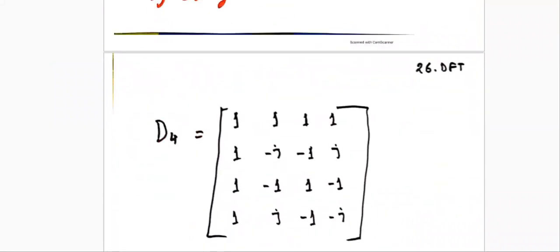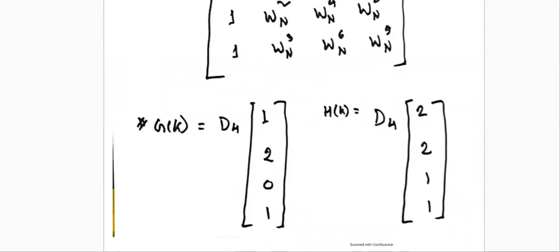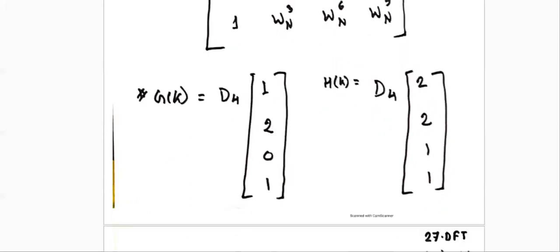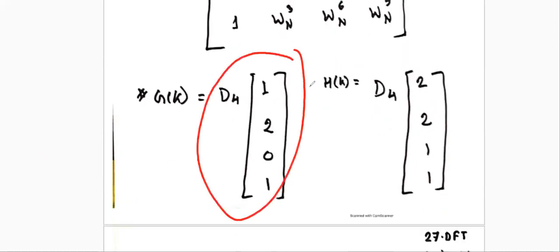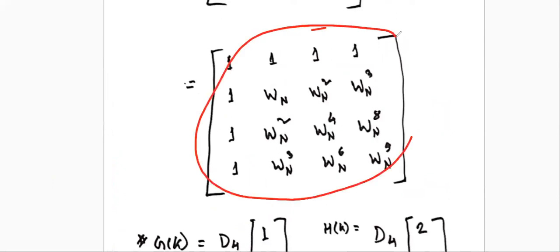How is that so? Let's say we have our g[n] and we convert it to G[k]. What we are doing there is some matrix multiplication like this, where we have a matrix D4, which is nothing but this kind of value.